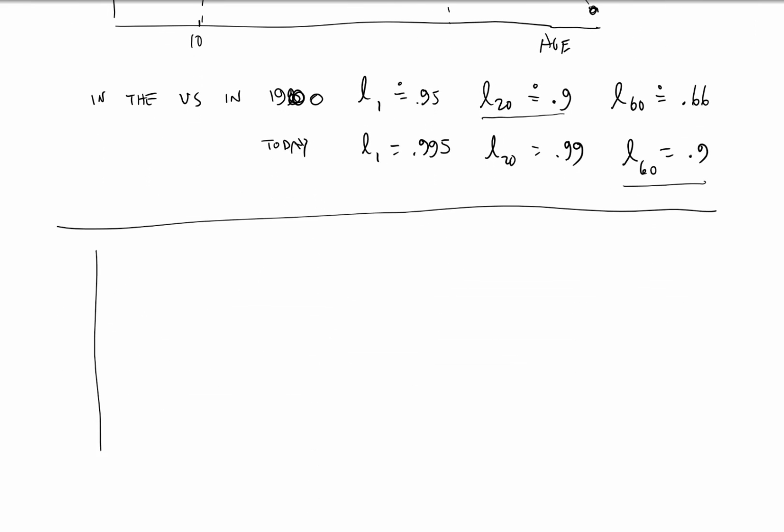Here is a typical shape for human beings of the Lx curve. Because there's infant mortality, there's a sharp drop in the first year or so of life, and then it flattens out for a long time, and then when you get out to my age, all of a sudden things go bad, and then it gets steeper and steeper until everybody is gone.